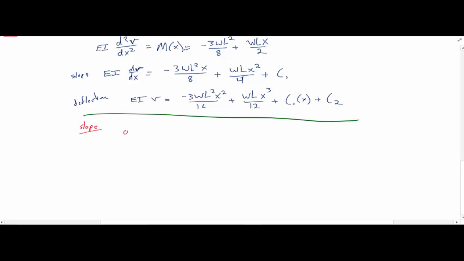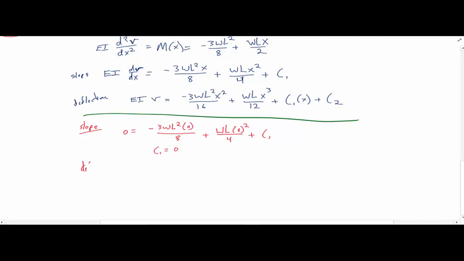Using that, we can plug in for our slope. We can say 0 equals negative 3WL squared multiplied by 0 divided by 8 plus WL times 0 squared divided by 4 plus C sub 1, and then we determine that C sub 1 equals 0.